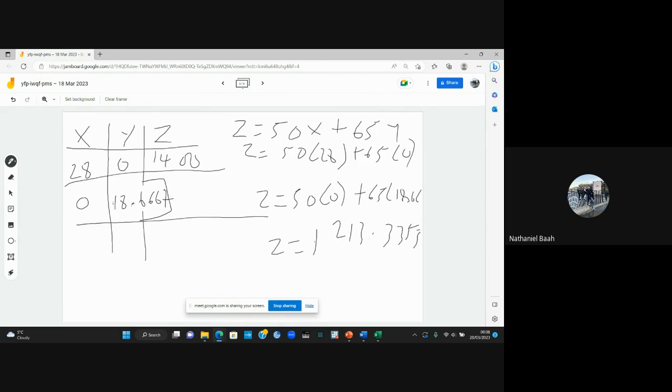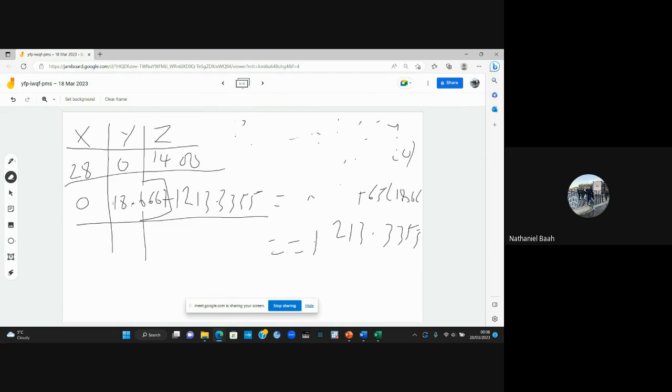So I always like 4 decimal places. So we are going to write here 1,213.3355. So now I don't need this. So let me just take this one off. Let me take this one off here. Forget the handwriting.